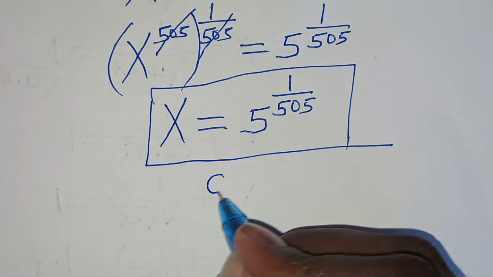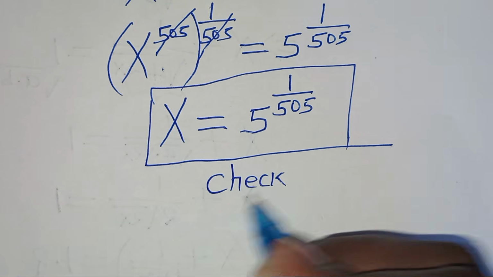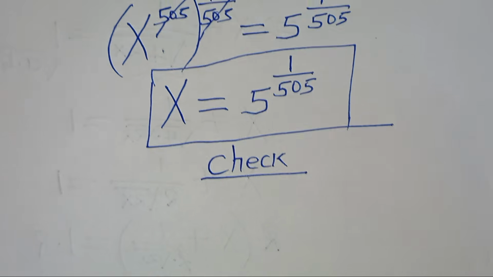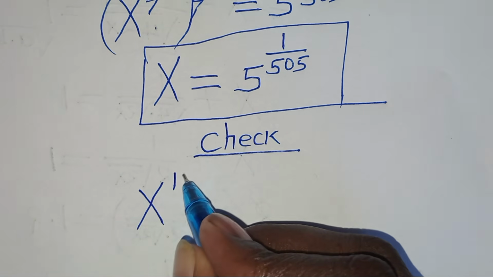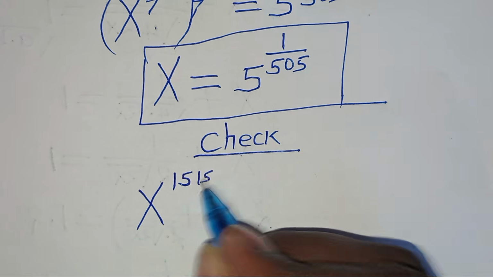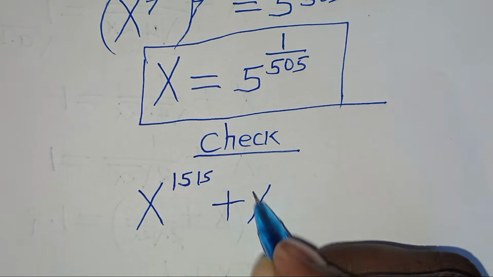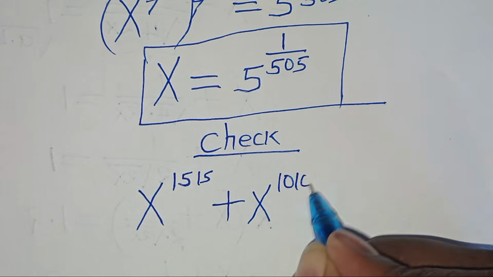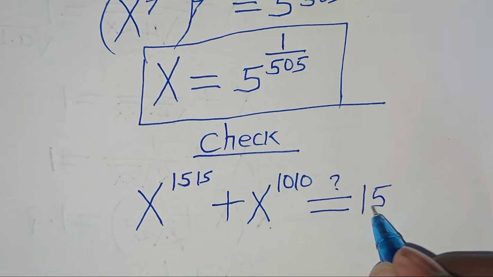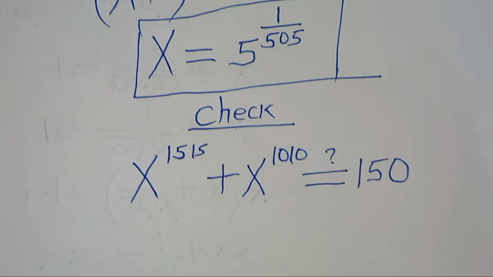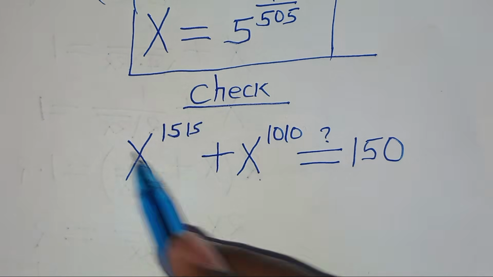So let's check if this value of x here satisfies the equation. We have x raised to the power of 15 plus x raised to the power of 10. This should give us a value of 150. Let's substitute the value of x.